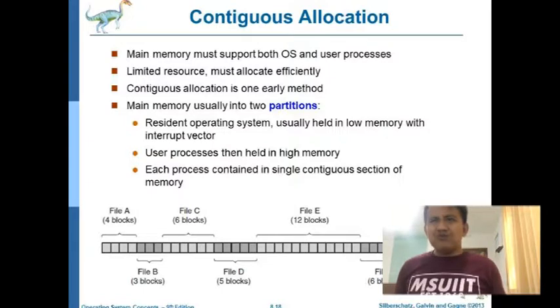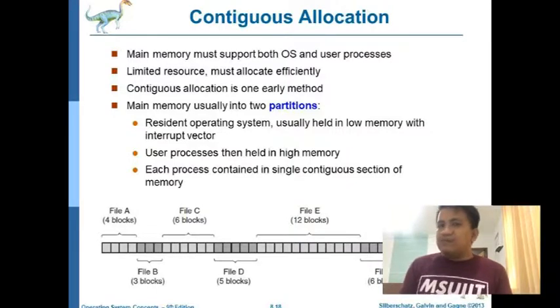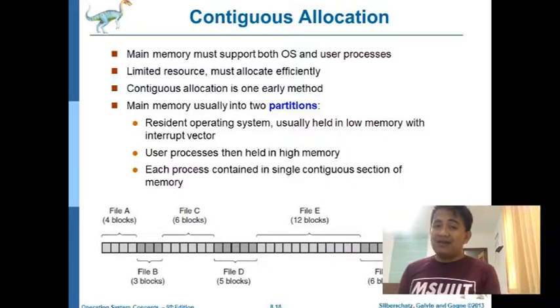For you to understand contiguous memory allocation, let's have this example. Consider that the main memory is partitioned into different blocks. Suppose I have a 10 KB process, which is equivalent to 10 blocks, and that process will reside in the main memory.